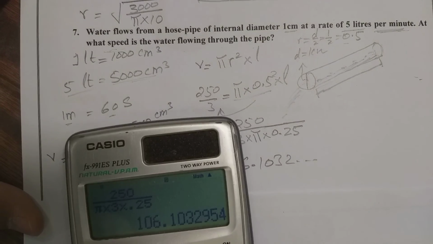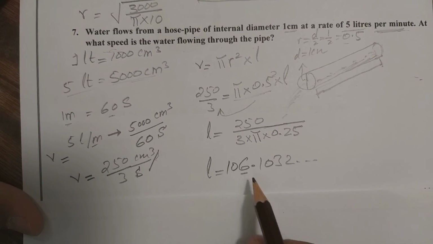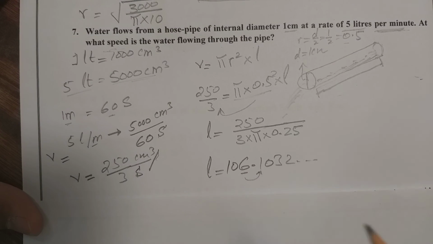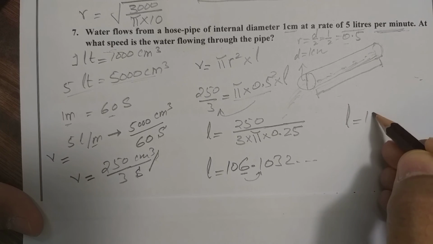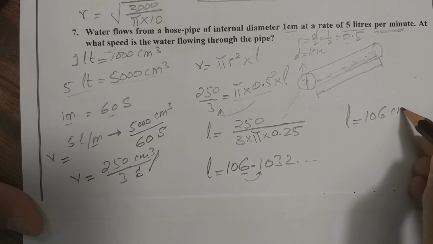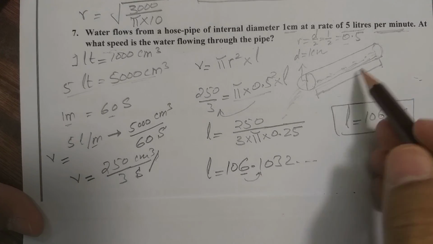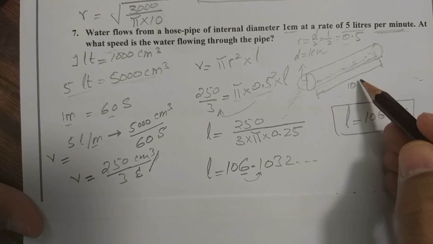I need 3 significant figures. This is the third significant figure, we check the next digit, which is less than 5, so we write it as it is. So the length of this pipe is 106 centimeters.